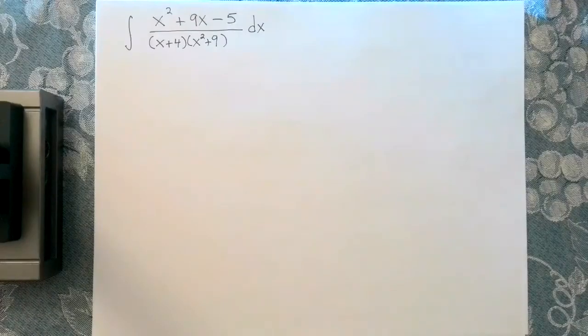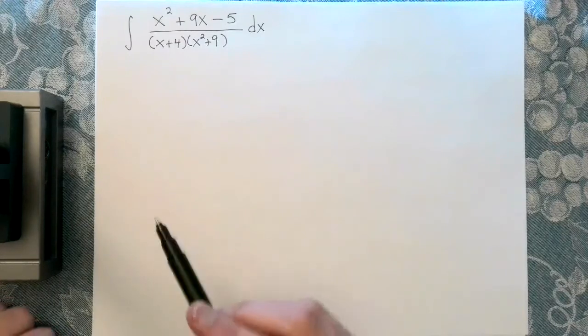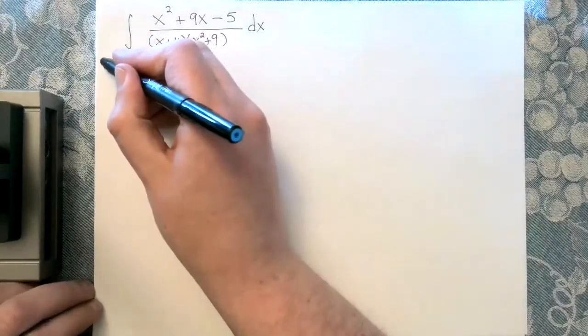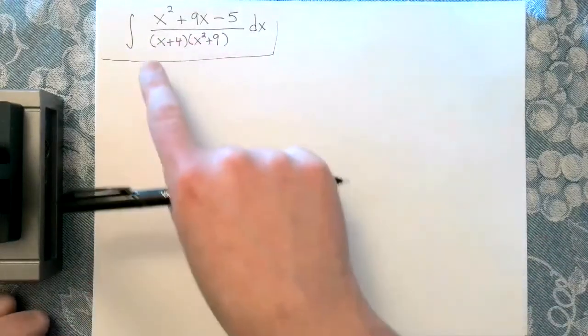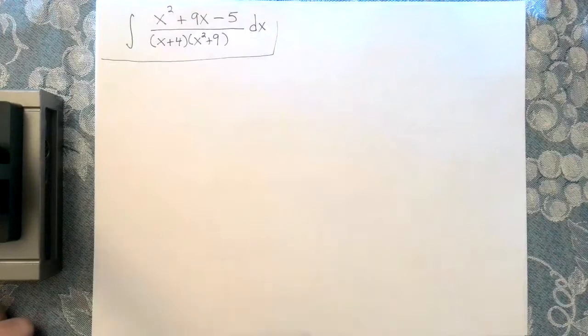Hey everybody, welcome back. We've got a Calc 2 style integral where we want to use partial fraction decomposition. So the first thing that I want to do is sort of put the calculus on hold and deal with the algebra. I want to break this up into the sum of fractions.